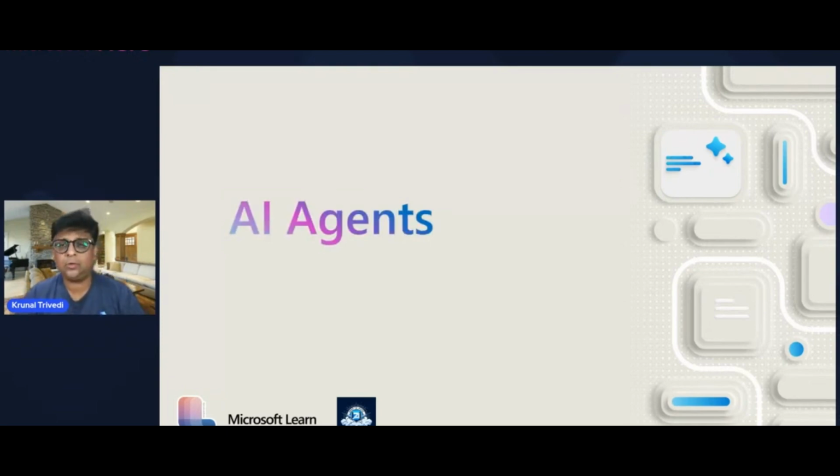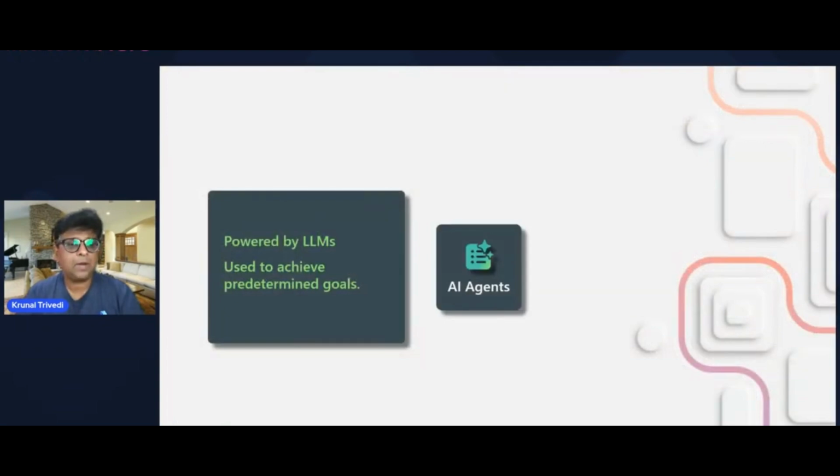So first thing we have to understand is what are AI agents and how they work. AI agents are powered by LLMs, right? And they are used to achieve predetermined goals. For example, you want to generate a summary from an email, or you want your agent to write code for you, or you have a Python code that you want to convert to C#, or you want to summarize meetings.